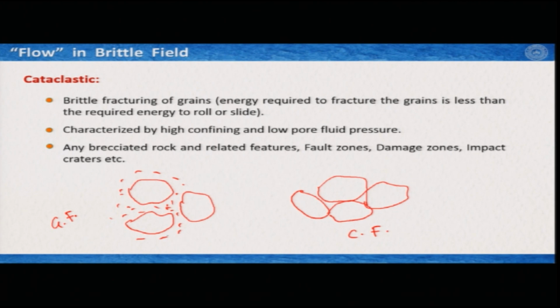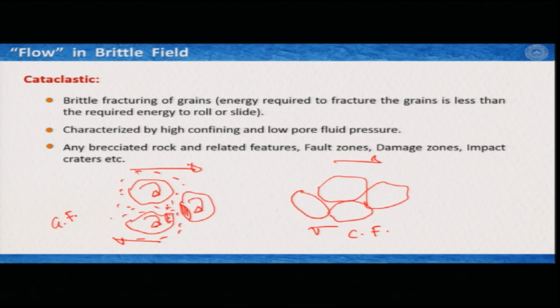Now, say a shearing is happening in this way in both cases. Here the grains find it easier to accommodate the deformation just by rolling, and while they roll they probably touch each other and fracture, as we have seen in the previous slide.